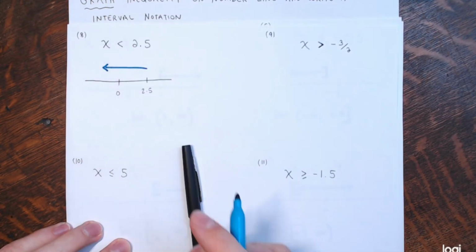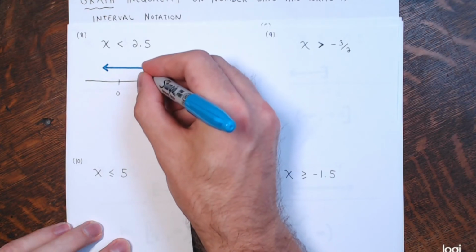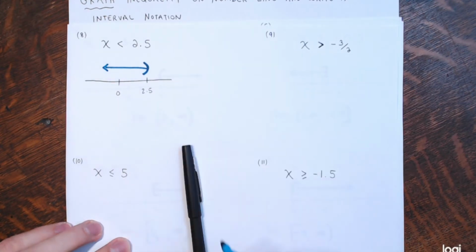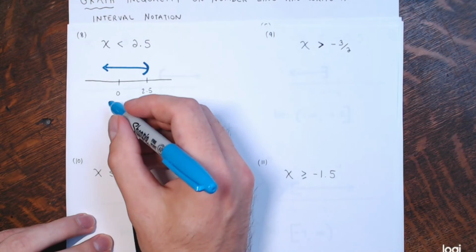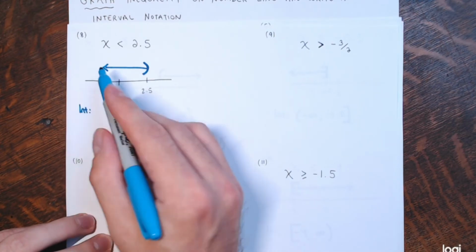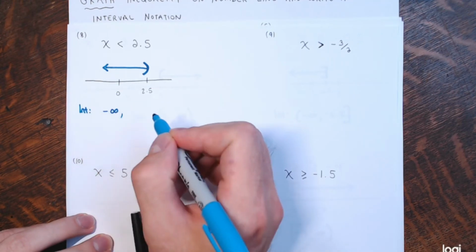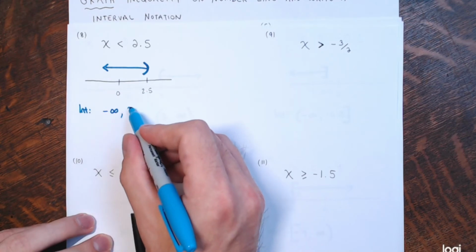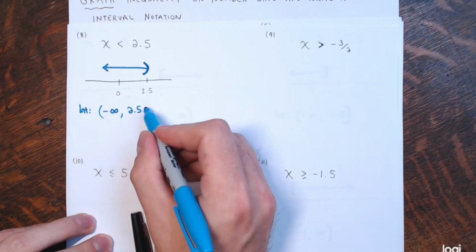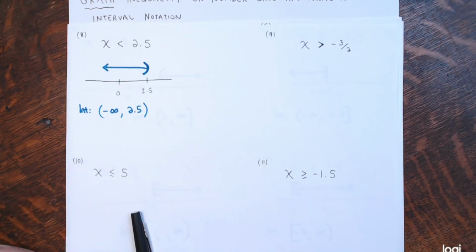But 2.5 itself is not less than 2.5, and you don't have the or equals here, it's just less than, so I put a parenthesis above 2.5. And then the interval, left to right, there is no left end to this piece of solution, so negative infinity up to 2.5, and parentheses on both of these, because neither one of them is a solution of the inequality.